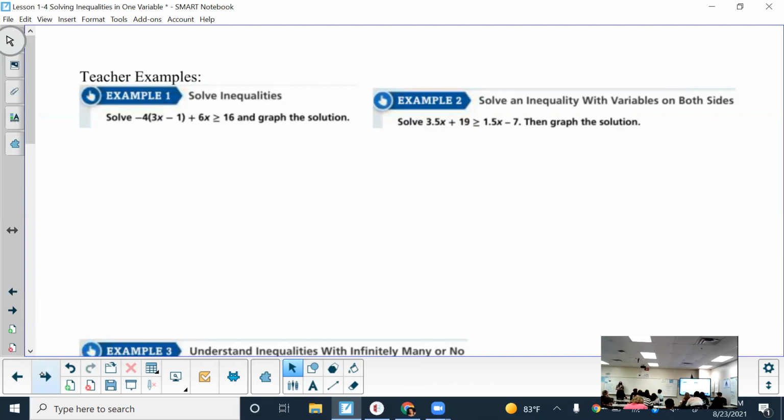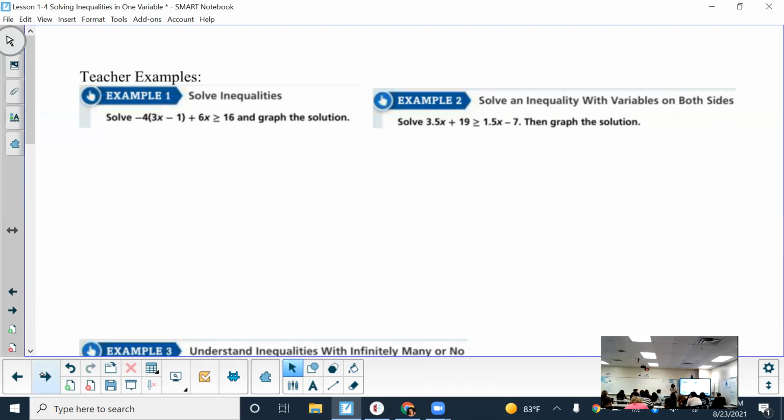The only time you flip it is when? The only time you flip the inequality sign is, all right, good. So when we are doing these operations, pay attention when we start doing stuff on each side. If we multiply or divide by a negative, that's the only time we change the sign. Understood?